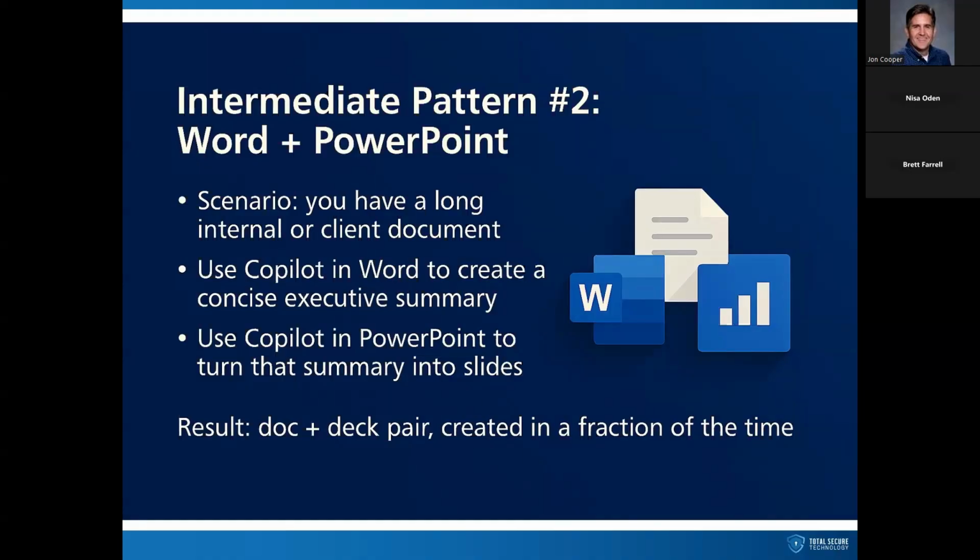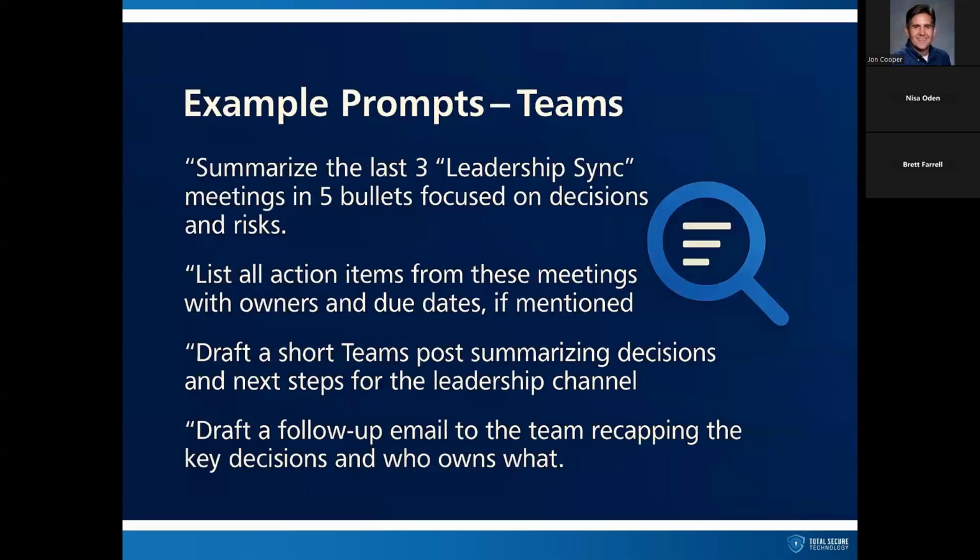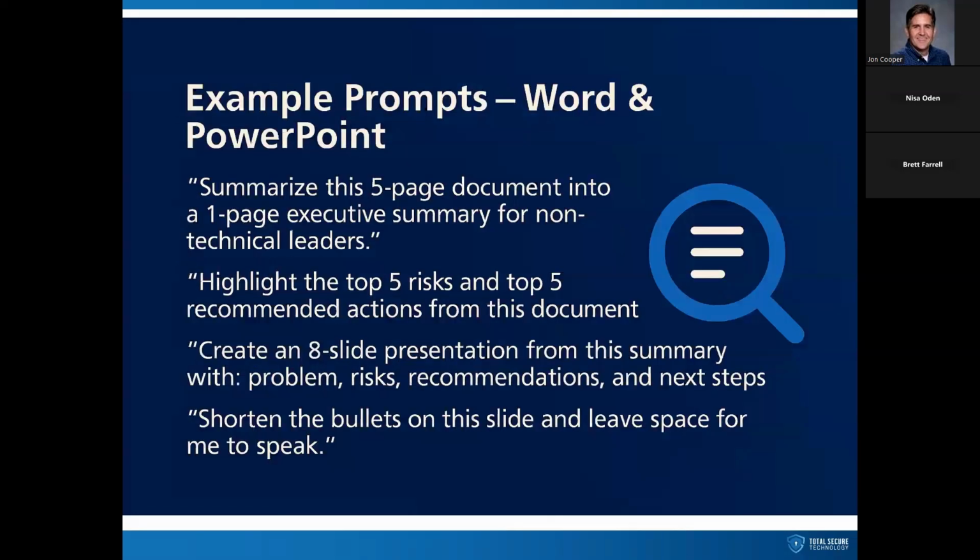So a couple of other prompts that you can give Word and PowerPoint, right, is you can summarize this 5-page document into a 1-page executive summary for non-technical leaders, right? You're giving it more context. You're giving PowerPoint better prompts, and that's what this intermediate PowerPoint webinar is about, right?